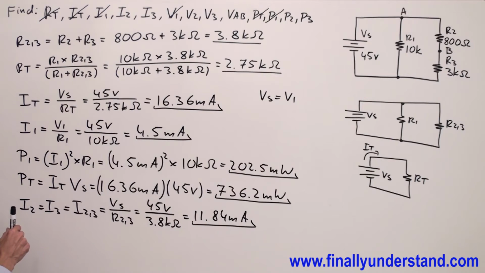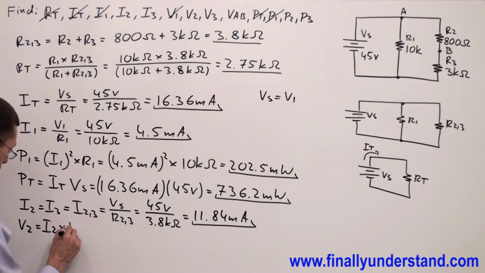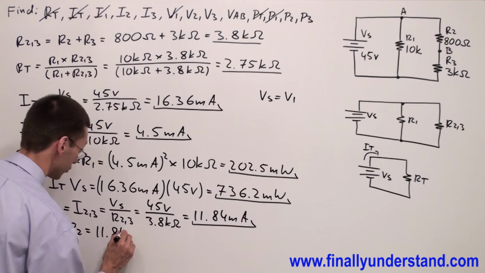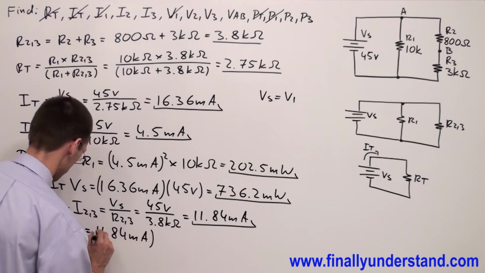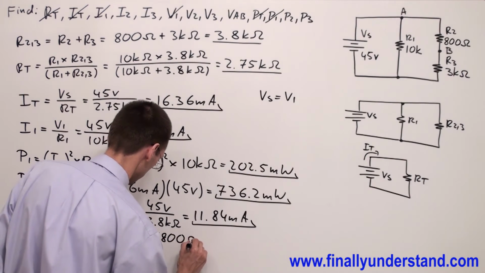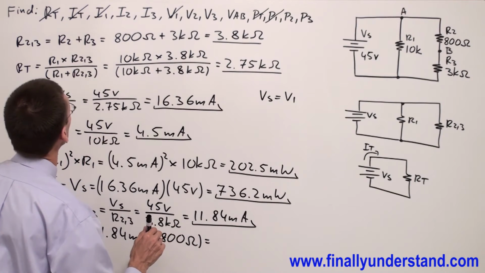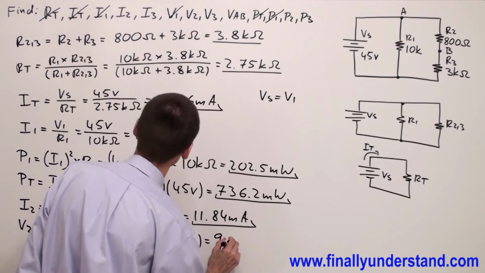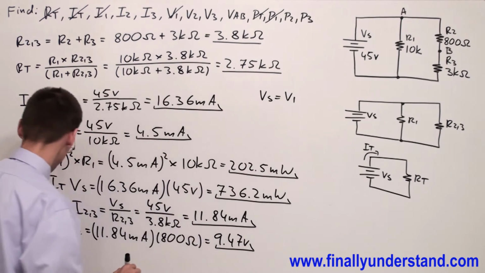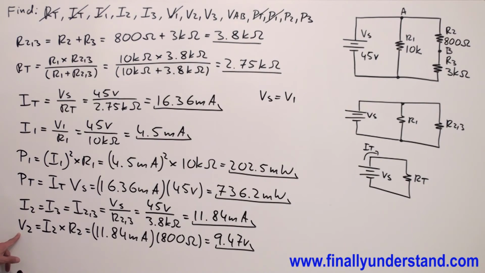So we have currents, so we can find the voltages because we also have resistances. So V2 is equal to I2 times R2, where I2 is equal to 11.84 milliamps times R2, 800 ohms. This is equal to 9.47 volts.